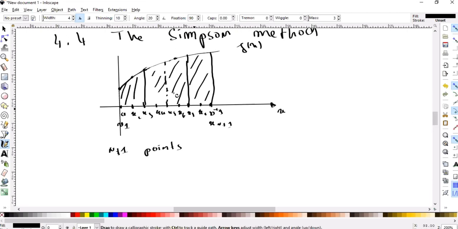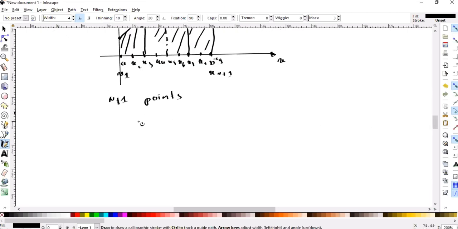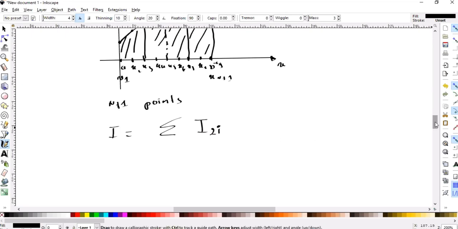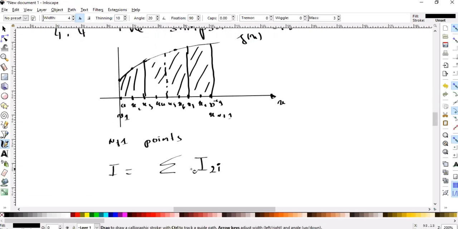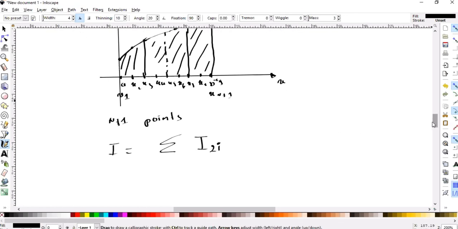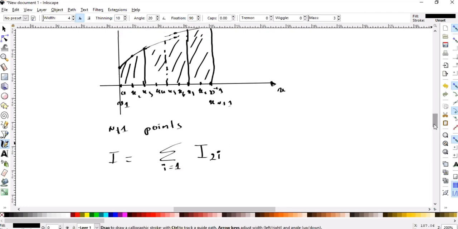So now we approximate the integral as the sum of I2i, with i going from 1 to n over 2.